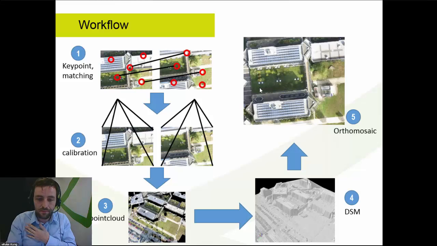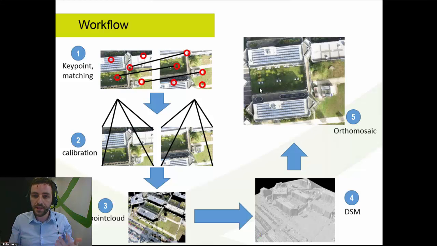If you have the distance, basically you have the whole 3D model. And if you have the 3D model, you're able to do measurements in a very precise way, and you're able also to rectify the images to remove the perspective. And this is what allows you to generate a map, what we call automosaic.